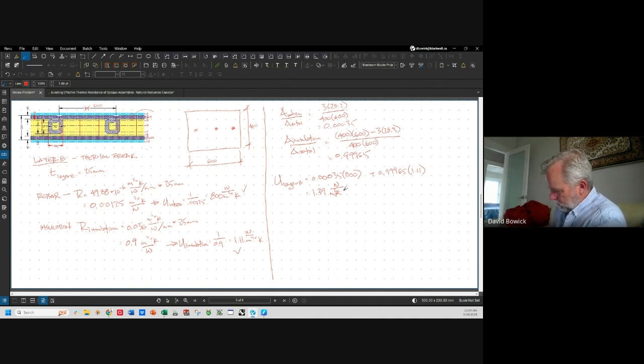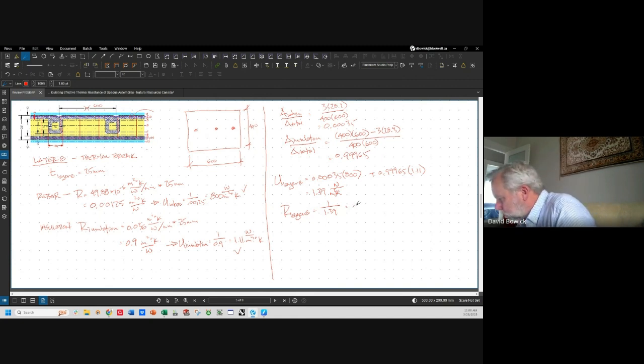Let's try this again. 0.00035 times 800 plus 0.99965 times 1.11 is 1.39. R, layer 8, 1 over 1.39, 0.720 meters squared degree Kelvin per watt.